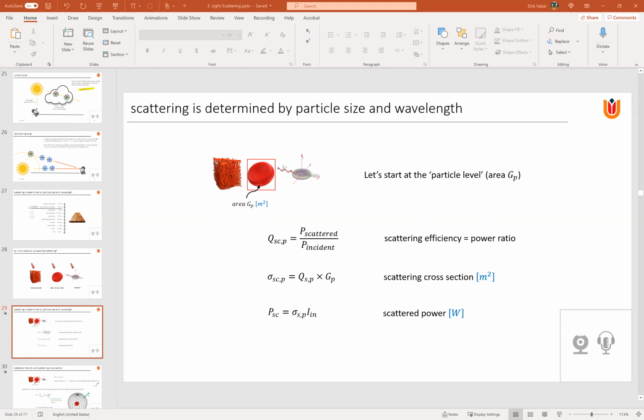Then the scattering cross section, just like we had with absorption, is the product of the scattering efficiency with the geometrical cross section, which we knew because we could identify that.